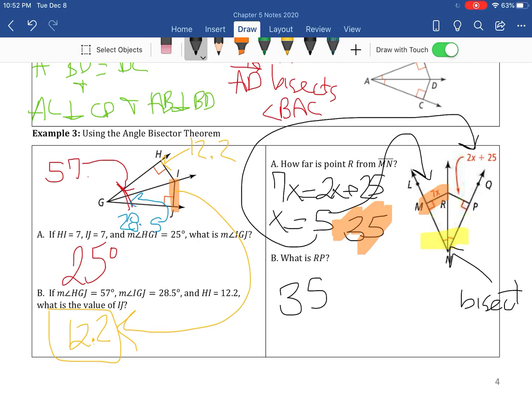We're asked to find MN, right? How far apart is R from MN? Yeah, okay. I just want to make sure that I was answering the question here, right? The length that R is away. Now, we could obviously measure that in a lot of different spots, but when they say how far is it, we're always talking about the shortest distance here, all right?